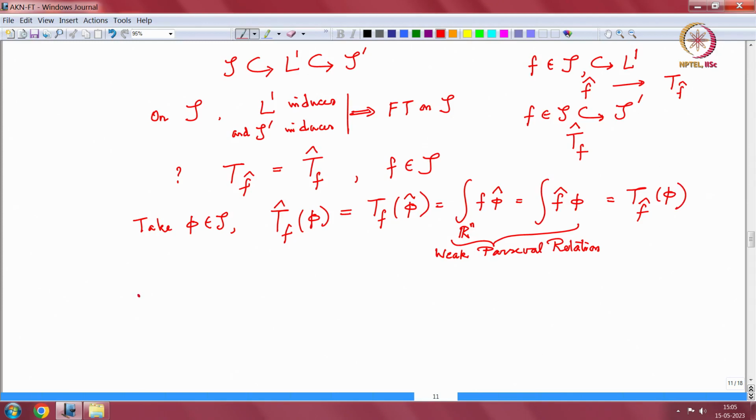So, you also have these easy results which I will just state. If T is in zeta prime, just like on zeta, you can multiply a distribution by a polynomial, and D to the power alpha of T is in zeta prime. So, you have all those operations, and you also have the formulas for D to the power alpha of T hat and the Fourier transform of the polynomial times T. I will write down the same formulas.